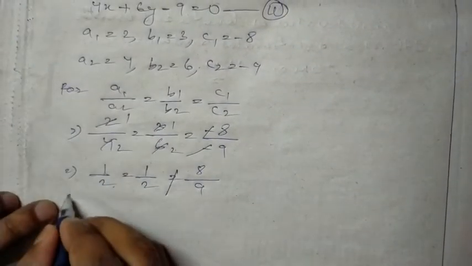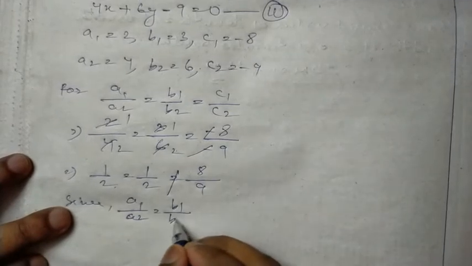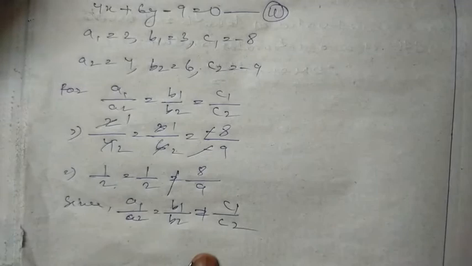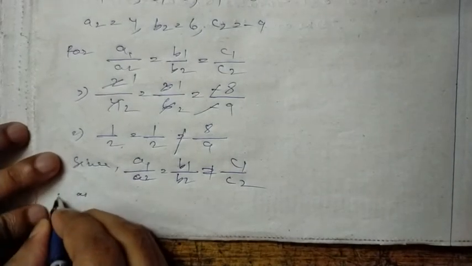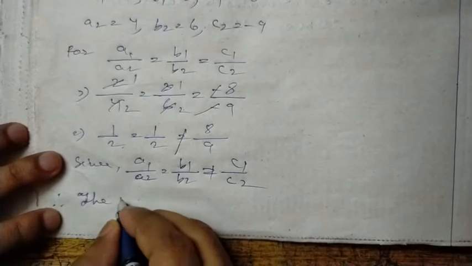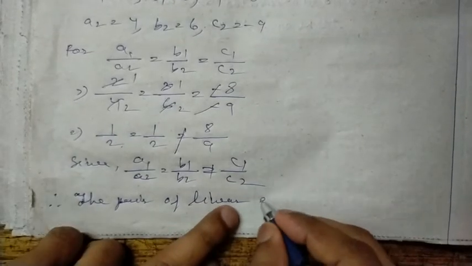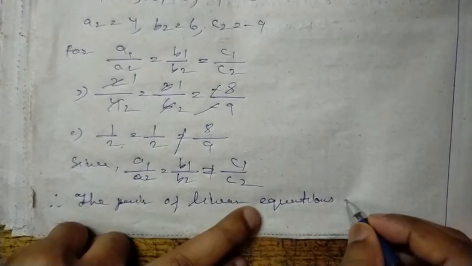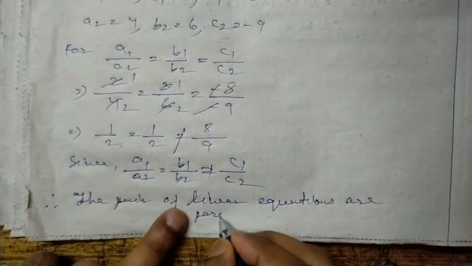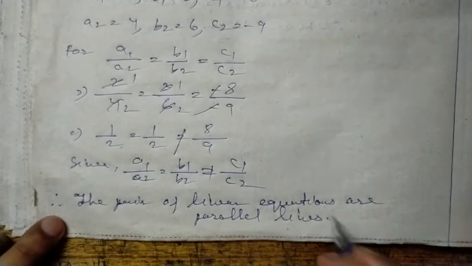So I can write: since a1 by a2 equal to b1 by b2 not equal to c1 by c2, therefore the pair of linear equations are parallel lines.